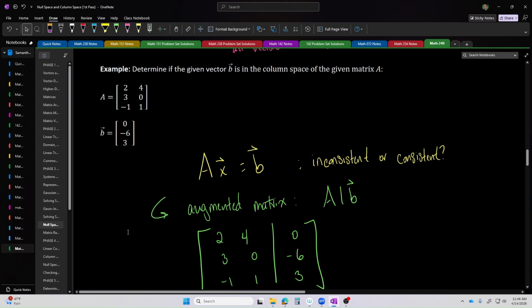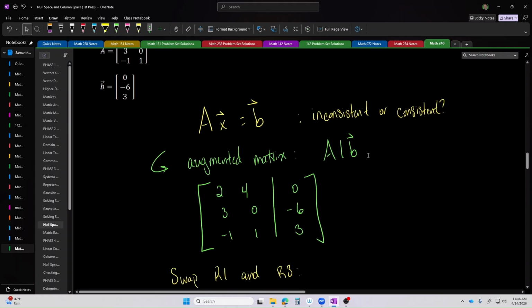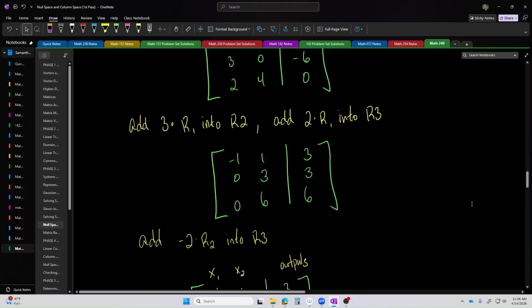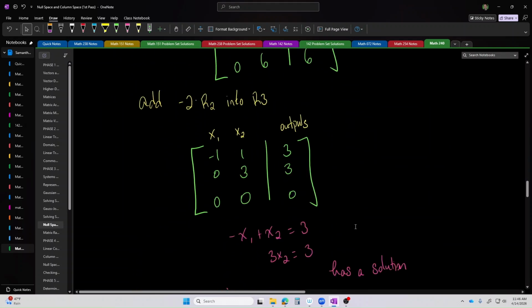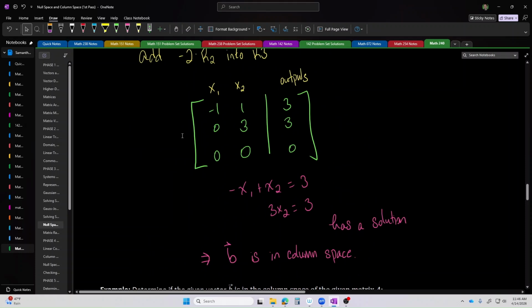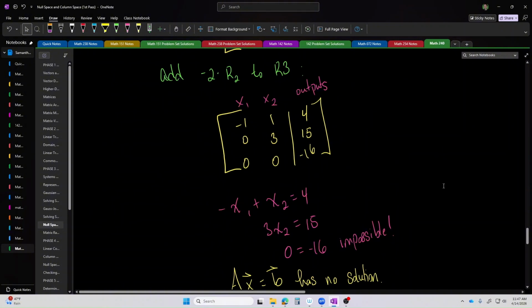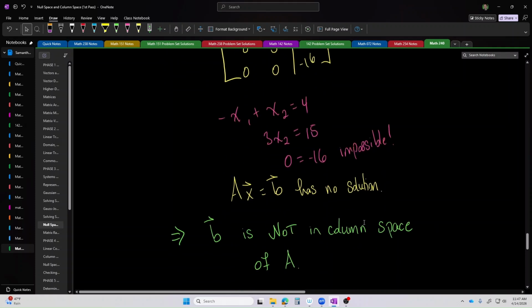The easiest way to check if that B is in the column space is to set up the augmented matrix corresponding to the equation AX equals B. Then row reduce that matrix, and by examining that row reduced augmented matrix, check to see if that system is consistent, if there is at least one solution to the system, or check to see if the system is inconsistent, if somewhere the system of equations is demanding something impossible, like 0 equals some non-zero value.